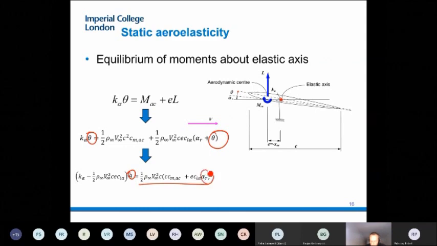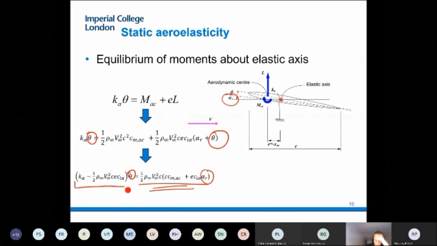Alpha R, I haven't talked about it. This is the rigid airfoil angle. This is where you position your airfoil physically, so it's a known constant. Theta is how much it is deforming on top of that. That's the one you need to solve for. Everything on the left and everything on the right of this equation is known information. So you solve for this and you get the amount of deformation.